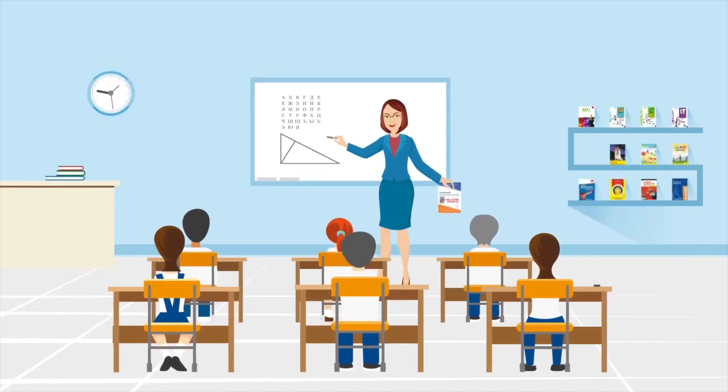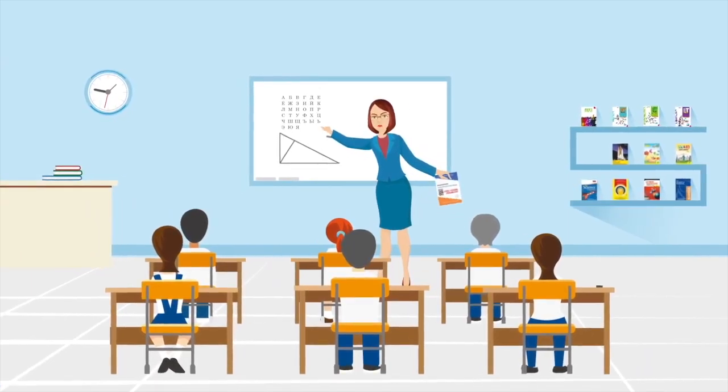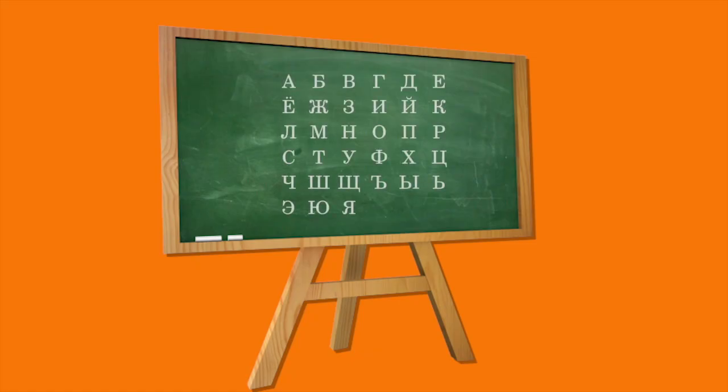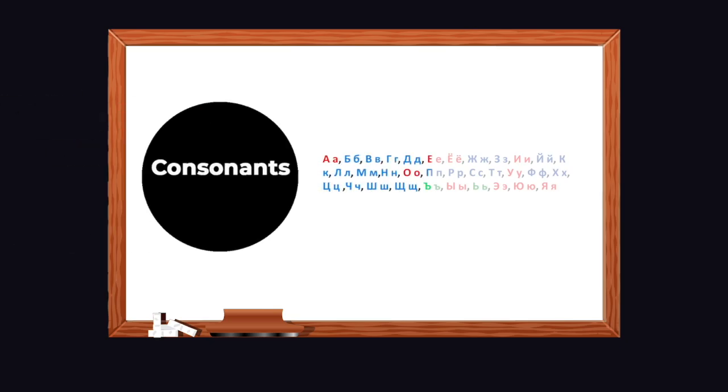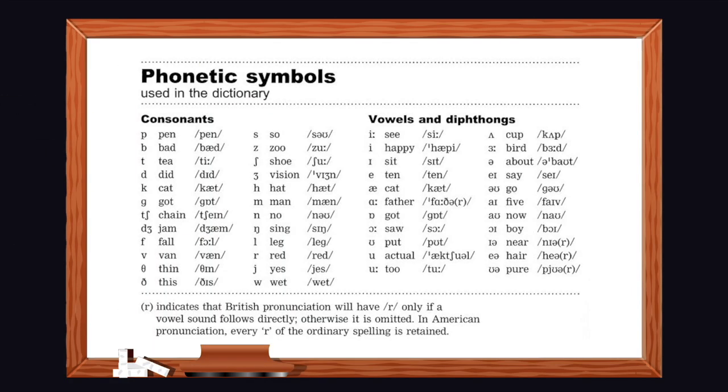As you are already aware, in the previous module we discussed the Russian alphabet, its letters, and we differentiated all these letters as vowels and consonants. As you know, in the introductory phonetics of the Russian language, there are certain concepts that we need to remember and keep in mind regularly in order to understand the basics.